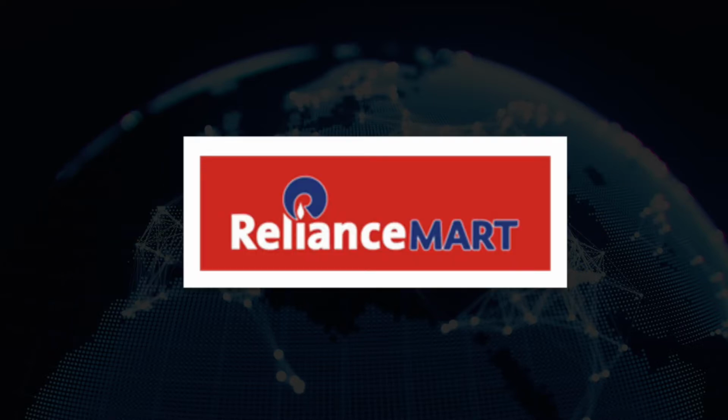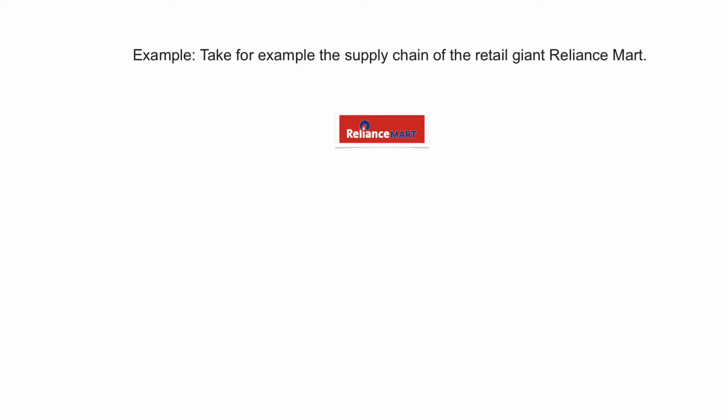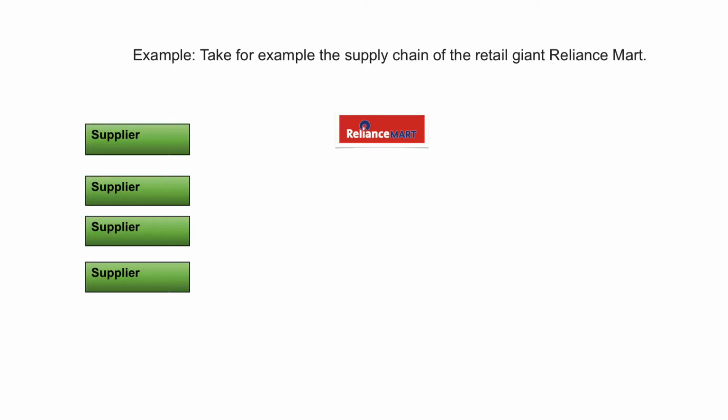Now let us take an example of the supply chain of the retail giant Reliance Mart. When you look into the supply chain of Reliance Mart, we can understand that the demand from the customer end is captured by the retail outlet and shared with the distribution center or the central warehouse.